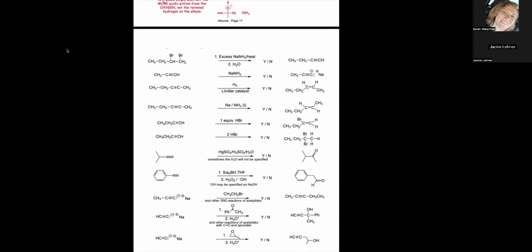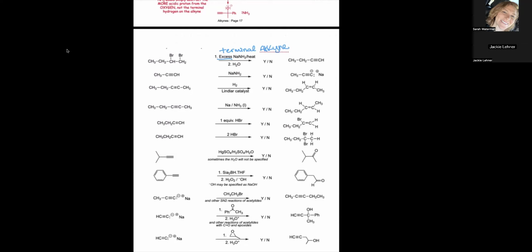Okay, so this is when you want to create a terminal alkyne, right? Excess is the key here. How do you know, by looking at it, that it's a terminal alkyne? Is it just excess NaNH2?